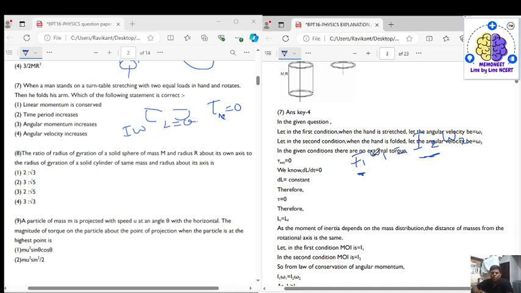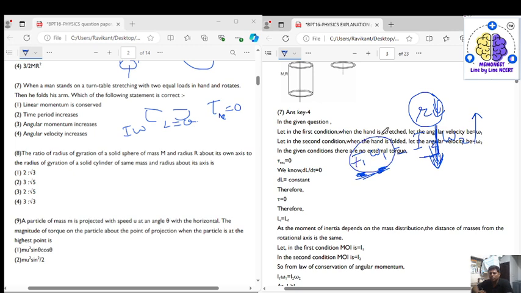The arms were folded. So when the arms are folded, the value of R decreases. Now if the value of R decreases, I2 decreases. When I2 decreases, to keep this product constant, omega 2 has to increase, right? Because the arms are folded, the distance of the mass from the axis reduces, therefore the moment of inertia reduces.